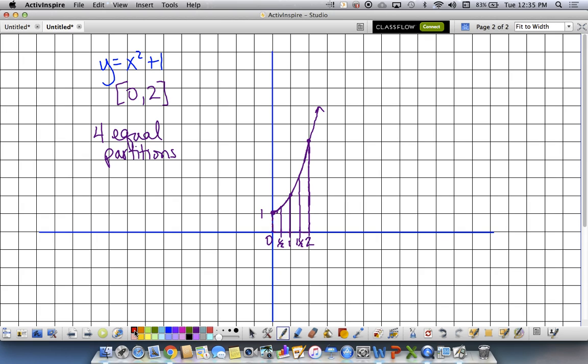Our approximation will be less than the area actually is. But we would take rectangles. I'm going to change colors, and we would draw a rectangle under the curve. And we would draw another rectangle. If we have 4 partitions, we should have 4 rectangles under the curve.